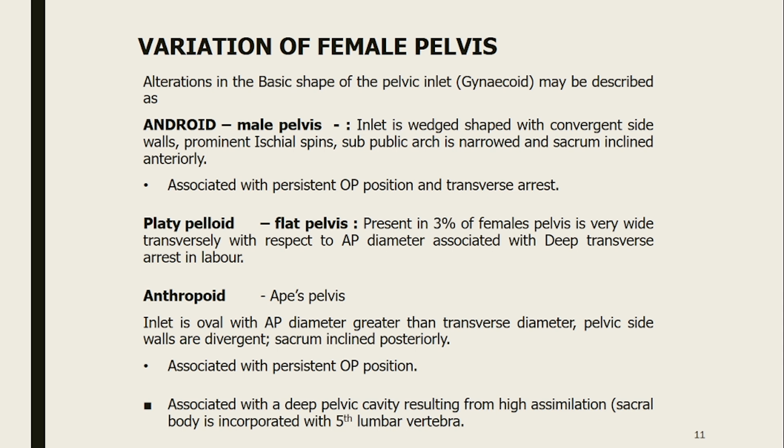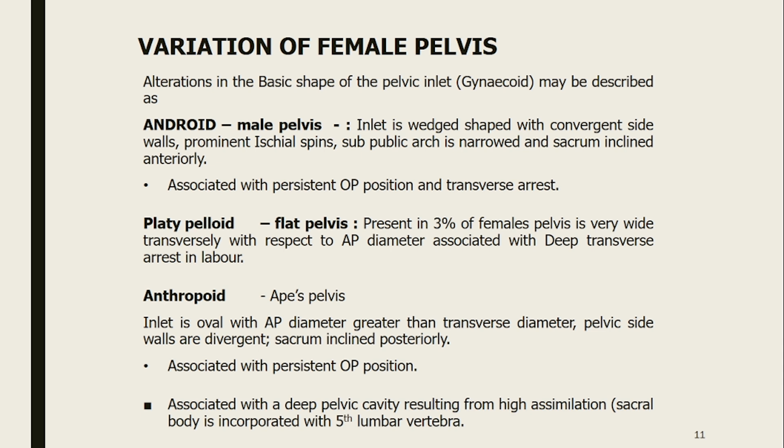Android pelvis is usually associated with persistent occipitoposterior position and transverse arrest because of the convergent nature of the side walls. The pelvis cones down like a cone. So transverse arrest and persistent occipitoposterior position are the major features of android pelvis.